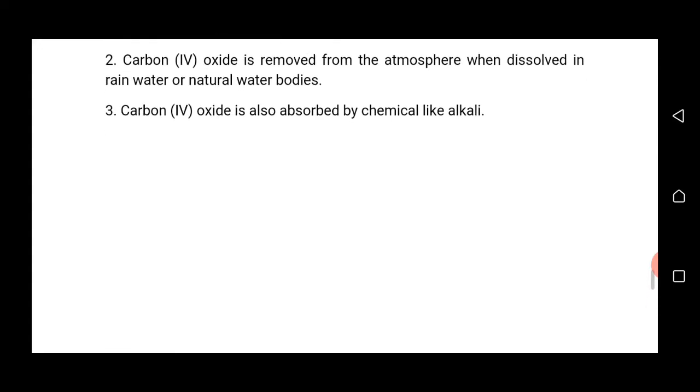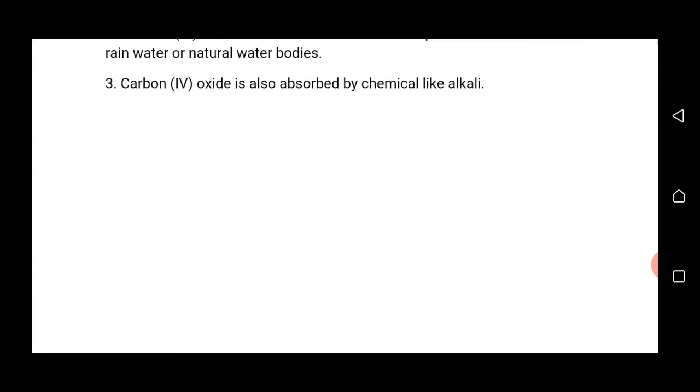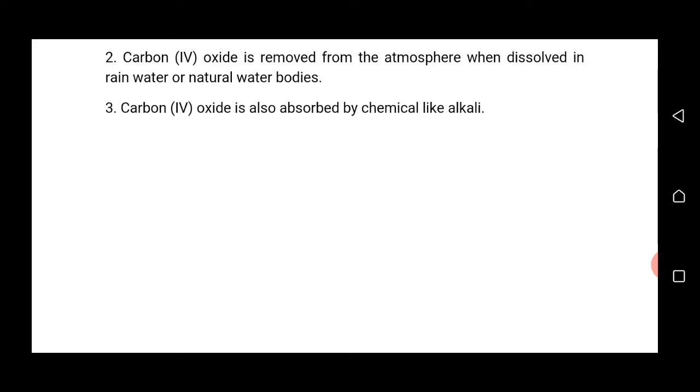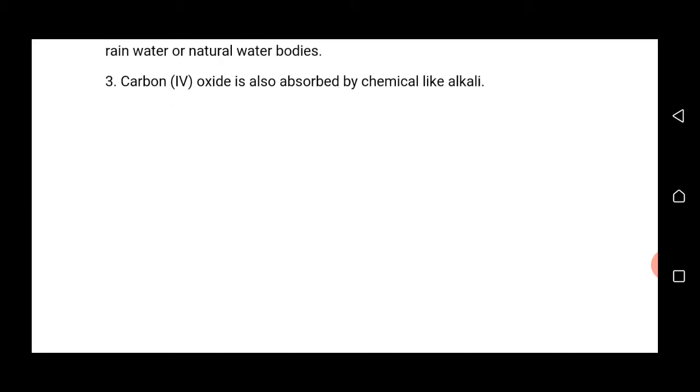The last point here is that carbon dioxide is also absorbed by chemicals like alkali. So when carbon dioxide comes in contact with any chemical called alkali like caustic soda, sodium hydroxide, lime water and so on, they will absorb carbon dioxide.